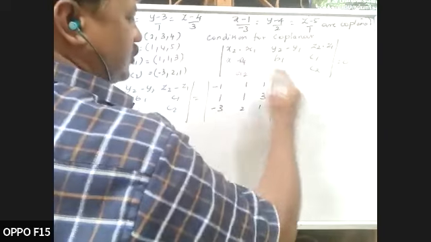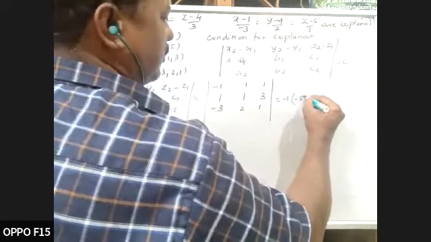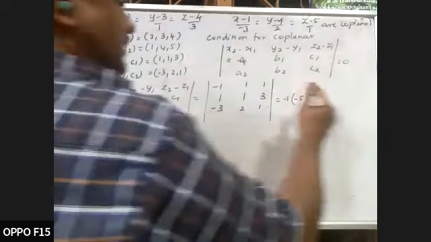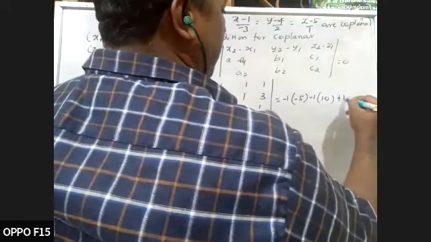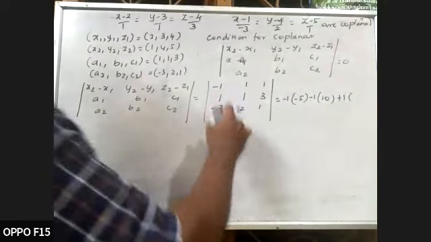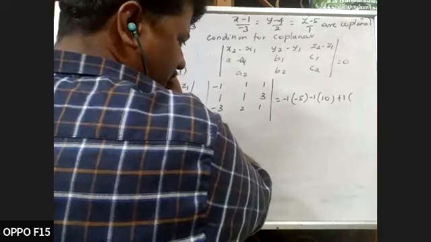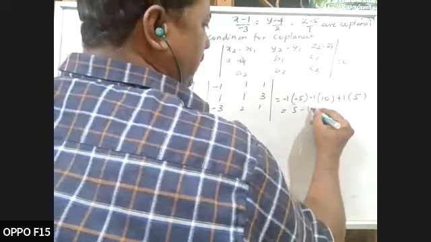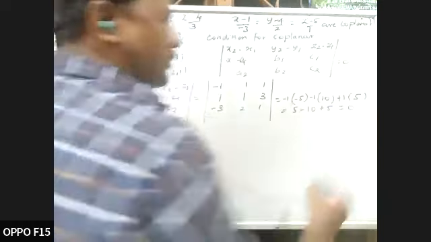Just expand. Minus 1 into (1 minus 6), which is minus 5. Minus 1 into this row, this column cancels: 1 plus 9, which is 10. Plus 1 into (2 plus 3), which is 5. We can write this as minus 5 minus 10 plus 5, which is equal to 0.